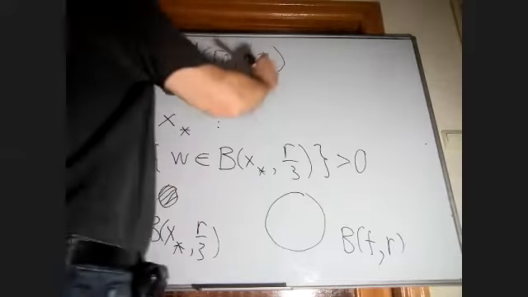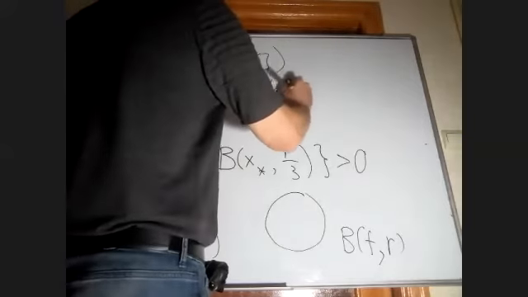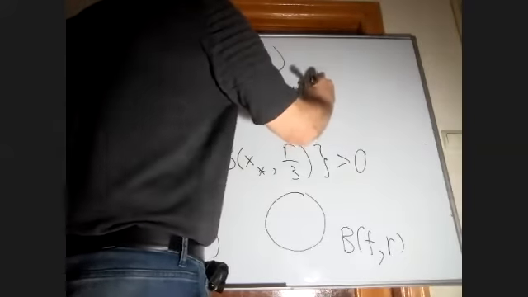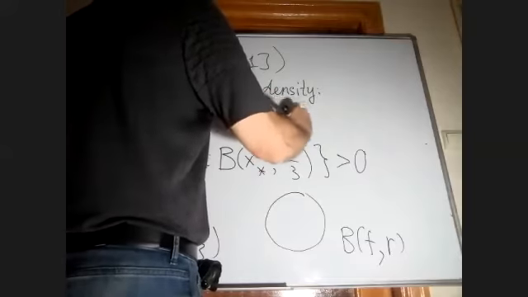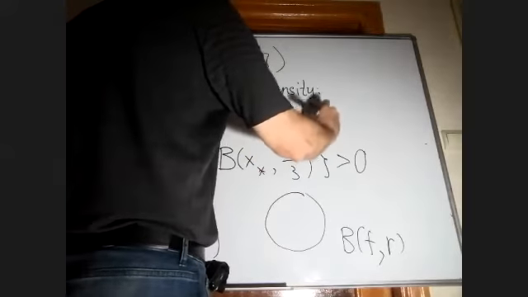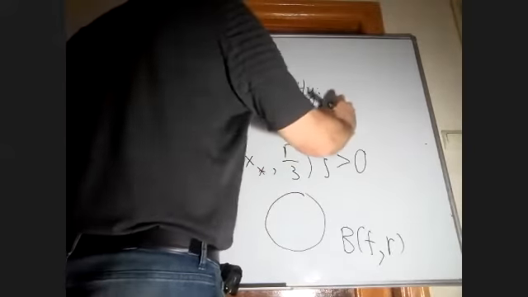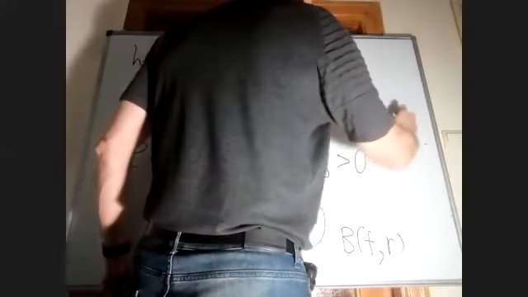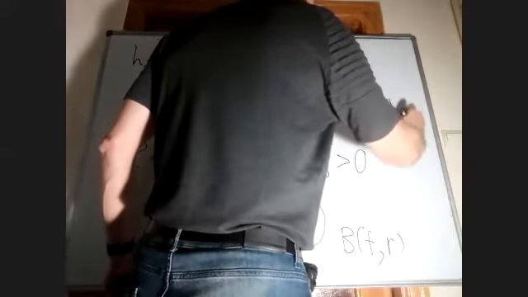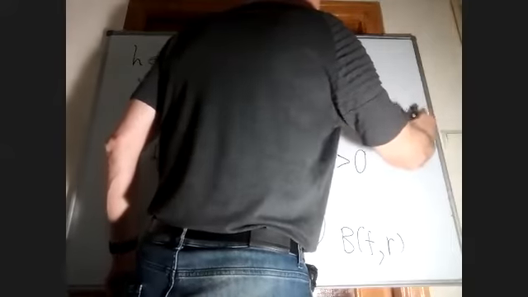You remember the density was exponent of the integral from 0 to 1 of h prime dW minus 1/2 of the integral from 0 to 1 of h prime squared ds.